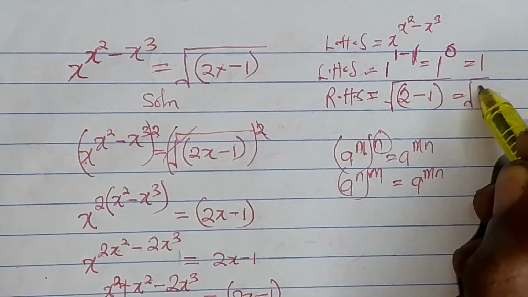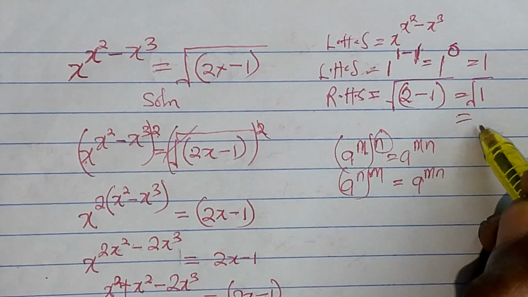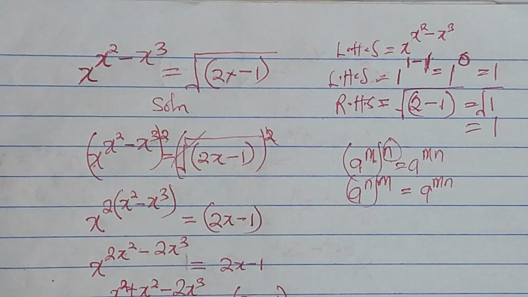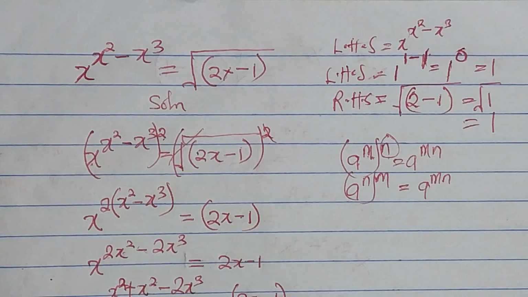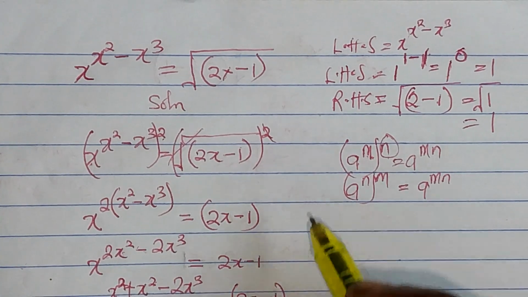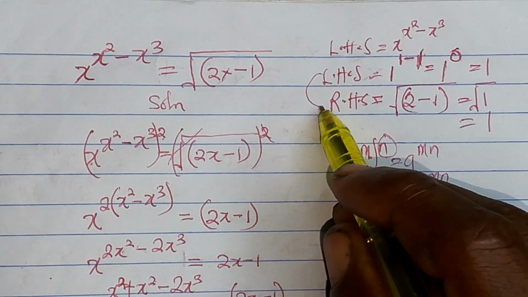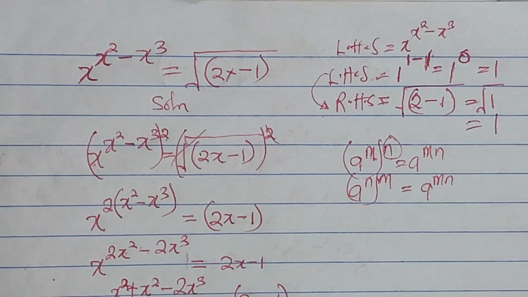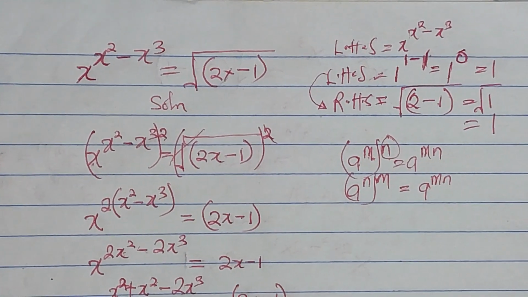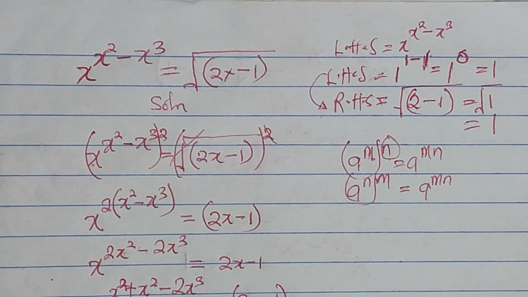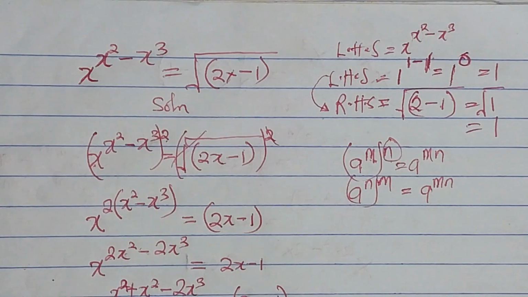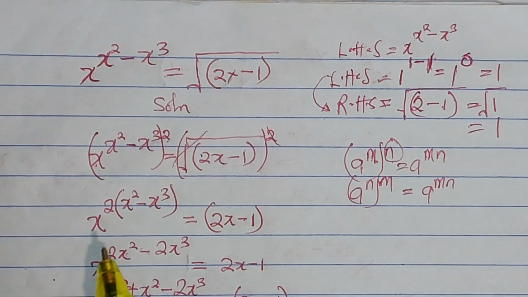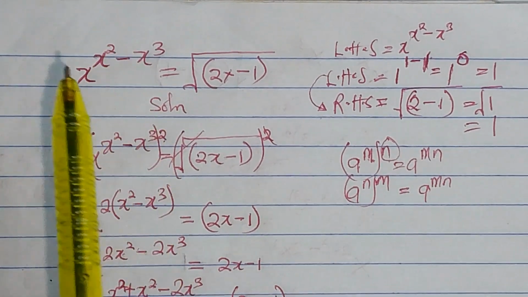So the root of 1, we know that the root of 1 is automatically 1, since 1 squared equals 1. Therefore, we see that the right hand side is truly equal to the left hand side. So since the left hand side is equal to the right hand side after substituting the value of x, then the value of x is true for this equation.